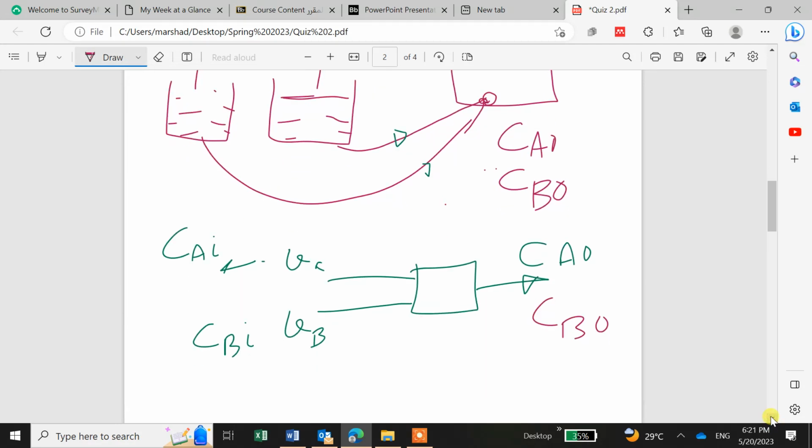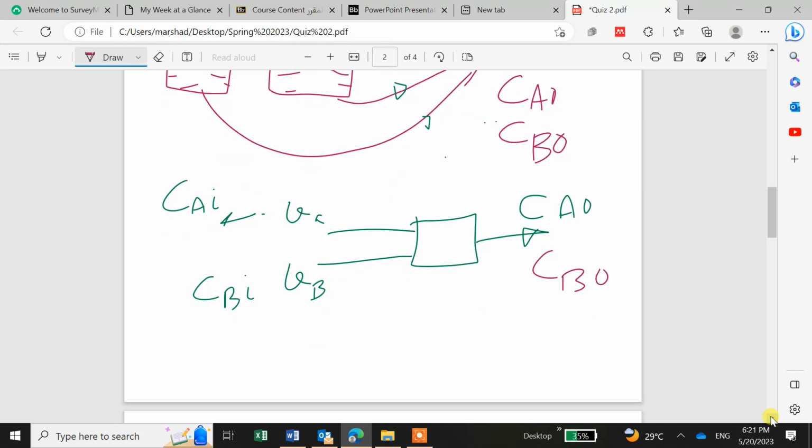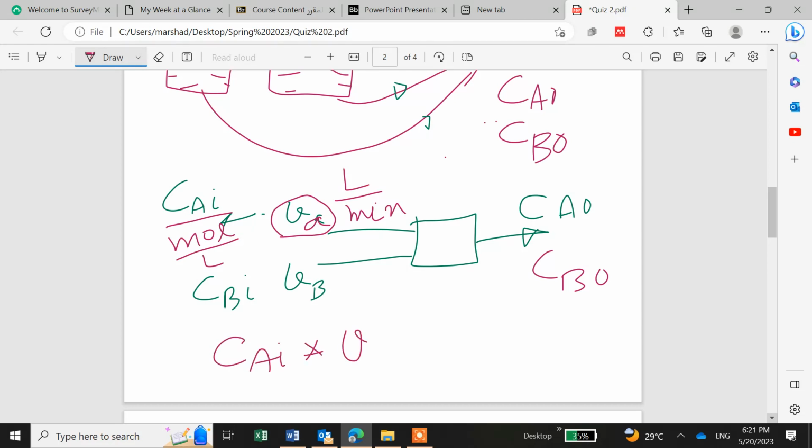So moles in equal moles out. The volumetric flow rate means liters per minute, and concentration is mole per liter. If you multiply CAI times Va, that is mole per unit time.